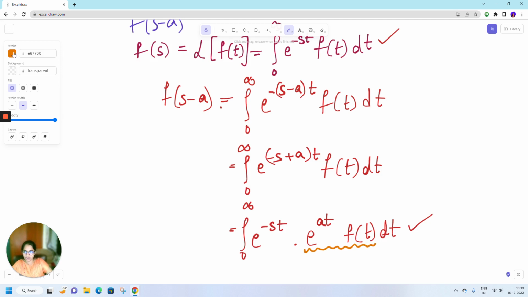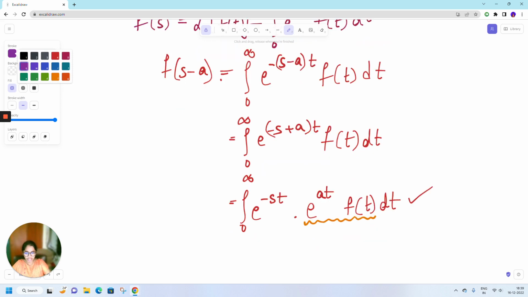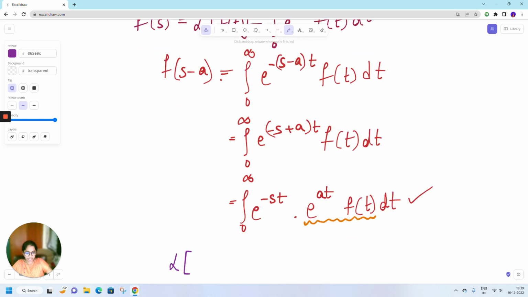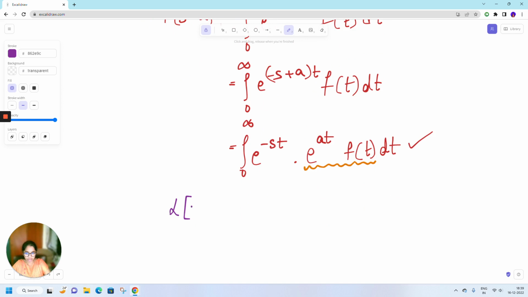So what should I do? The LHS would become Laplace of, in place of f of t, I have e power at f of t. So let me write that down. This is equal to Laplace of e power at f of t.